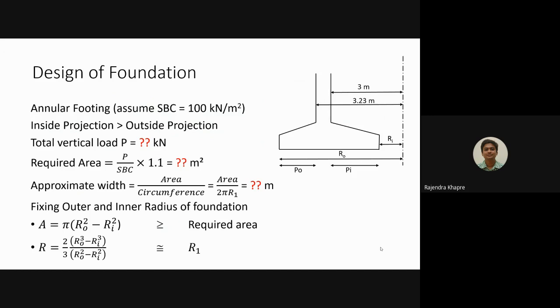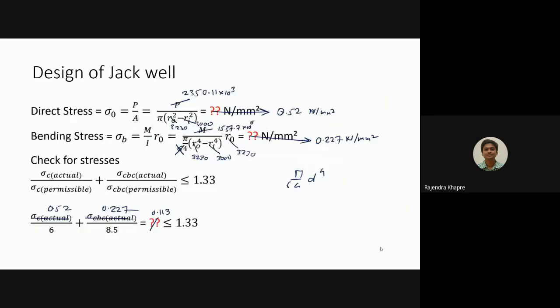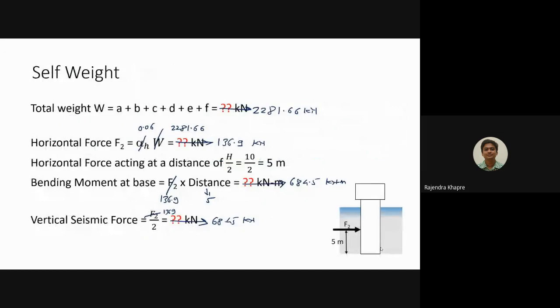The very first thing is the total vertical load. When I say total vertical load, this means every load, and we have already calculated this in the form of self weight.